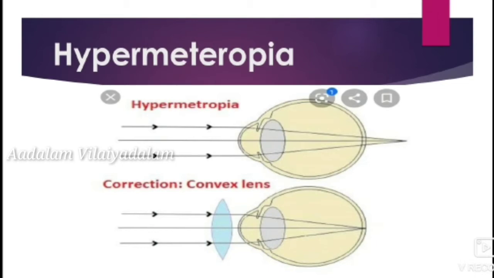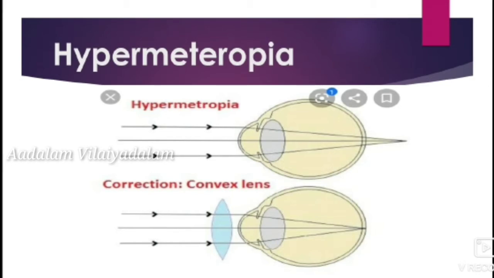So we cannot see the nearby objects. The focal length of the eye lens is increased and the distance between the eye lens and retina decreases, so the image is formed behind the retina and we cannot see nearby objects.